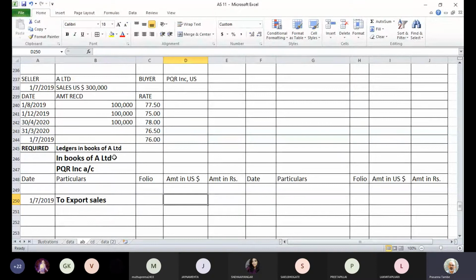The amount in USD is $3 lakh and Indian equivalent, multiplied by 76, the rate on the date of sale, which is 2 crore 28 lakhs.